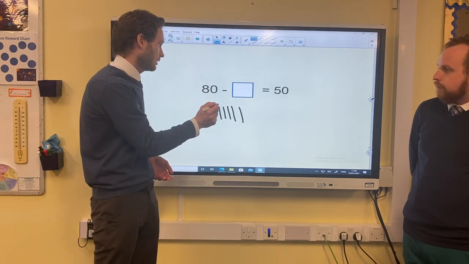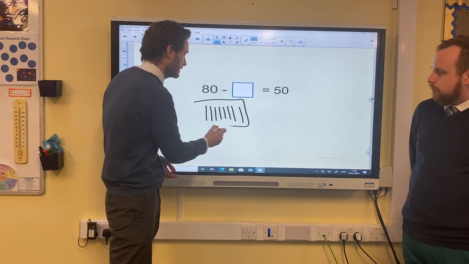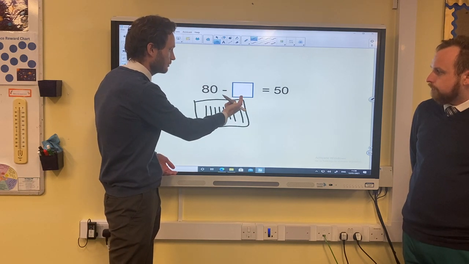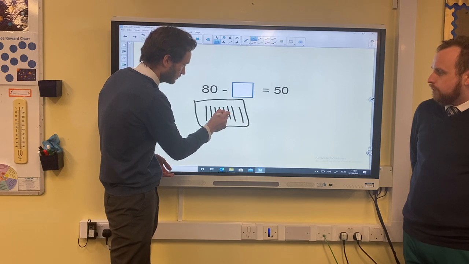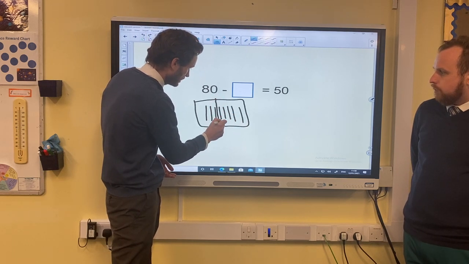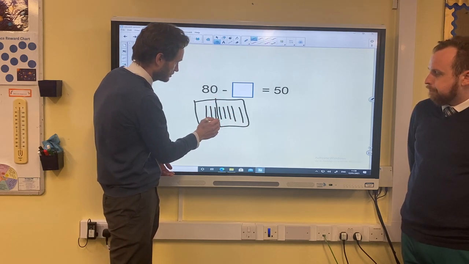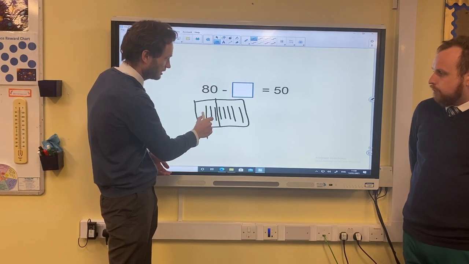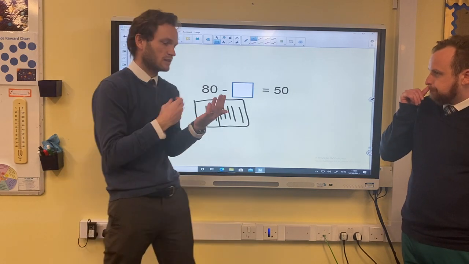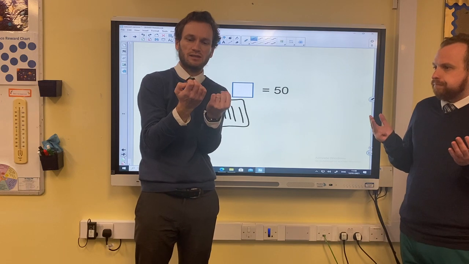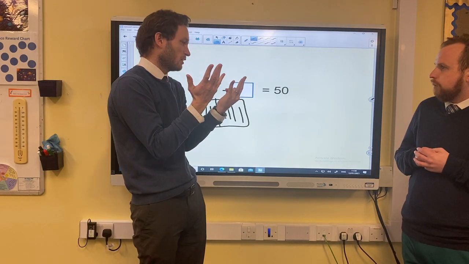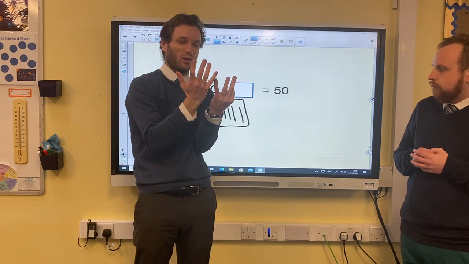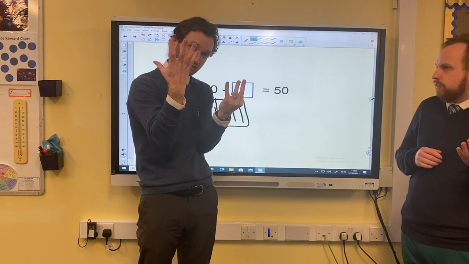So we start off with 80, and we take away something until we've got 50 left. So 10, 20, 30, 40, 50. So then we must have taken away whatever that is. 30. I mean, you could even do this on your fingers. If you imagine your fingers are 10s, 10, 20, 30, 40, 50, 60, 70, 80. We end up, at the end, we've got 5 tens, 50.